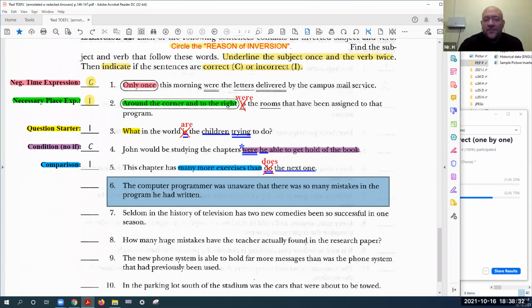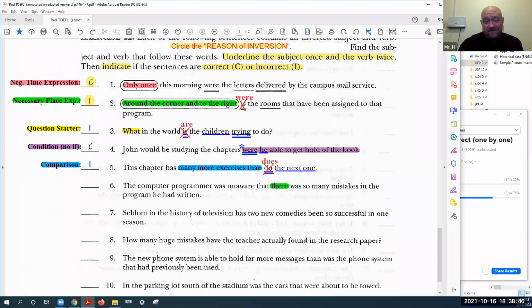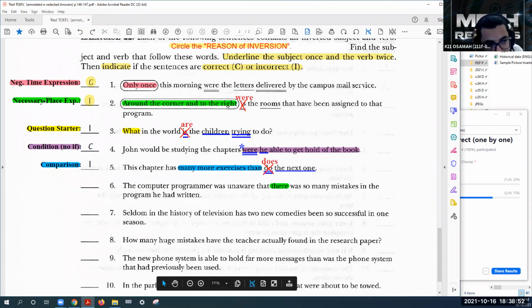Not sure? Osama, what do you think? I think the problem with there was so many mistakes. Okay. So what do we call this? Look up. You see the green color? What is this green color? Necessary place.